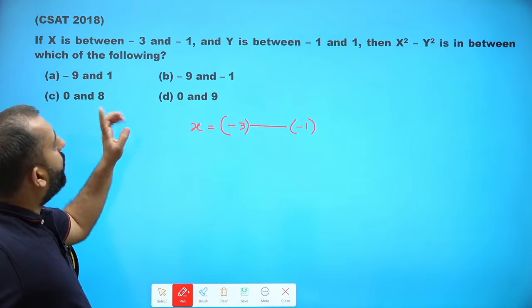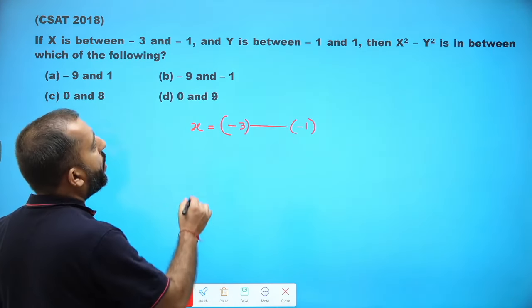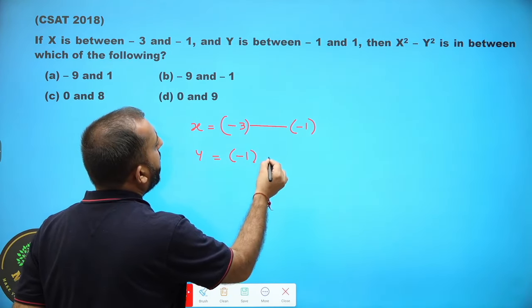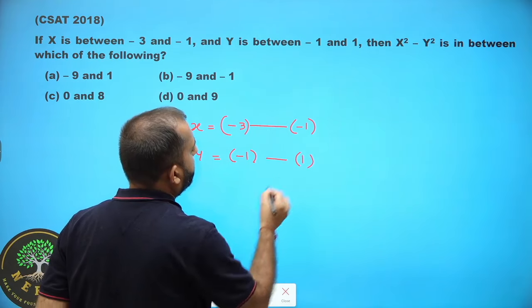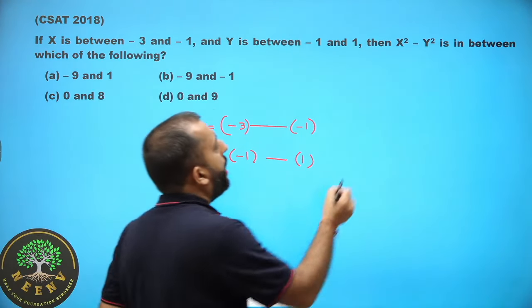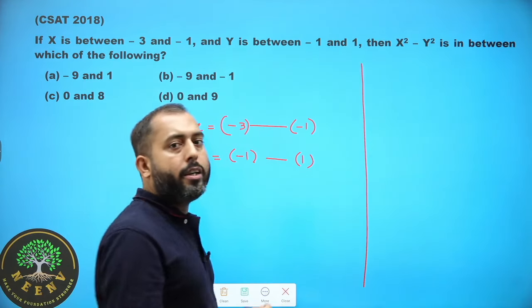Now y is between -1 and 1, so y can take all those values that lie between 1 and -1. I hope you know the number line.